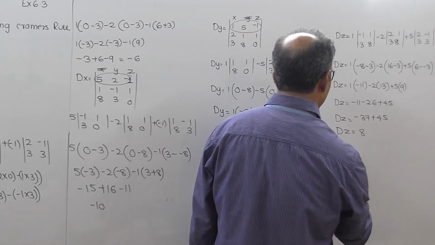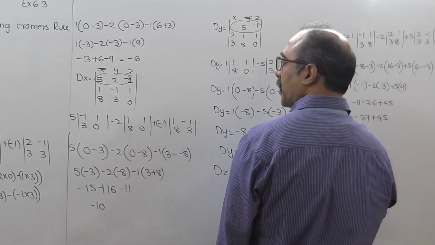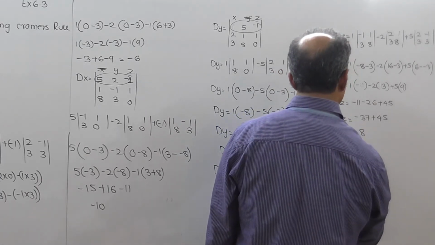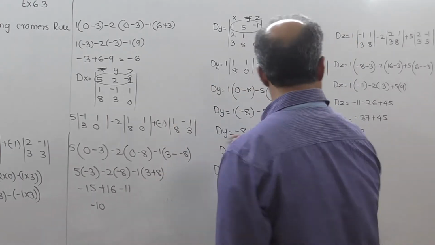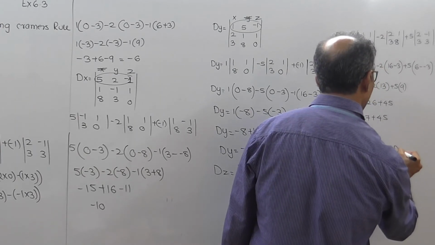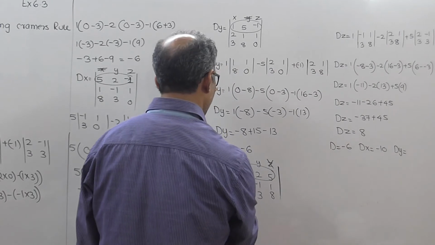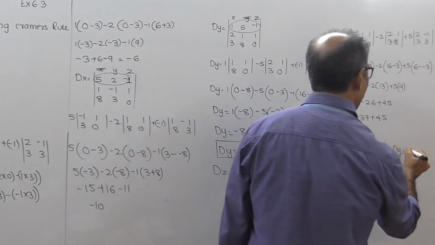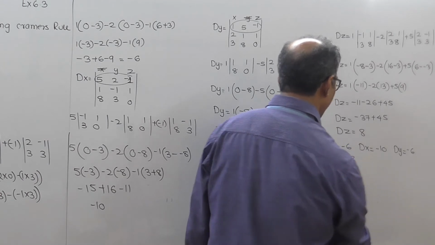I want to find the values of x, y and z. I will say that d equal to, what is the value of d I got? D was minus 6, dx minus 10, dy minus 6, and finally dz equal to 8.